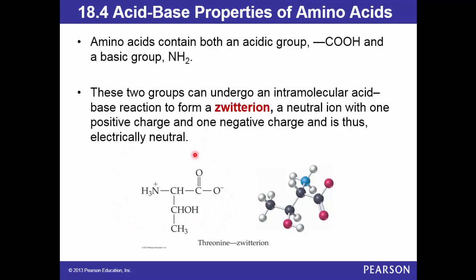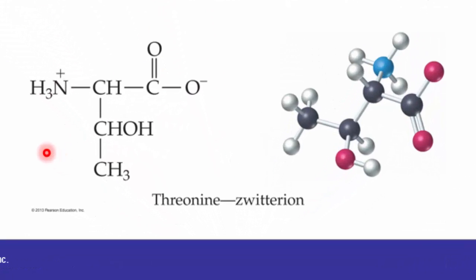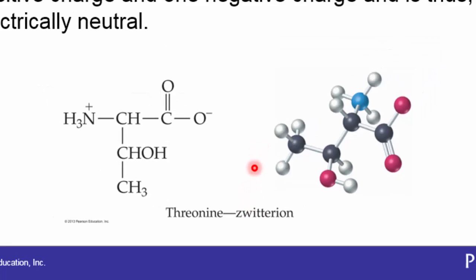So whenever, for example, you dissolve an amino acid in water, it takes this ionized form. This is the ionized form. This is called the zwitterion. Zwitterion is the form of amino acid in which the net charge on the amino acid is 0. Plus 1 minus 1 is equal to 0. And this is known as the zwitterion.